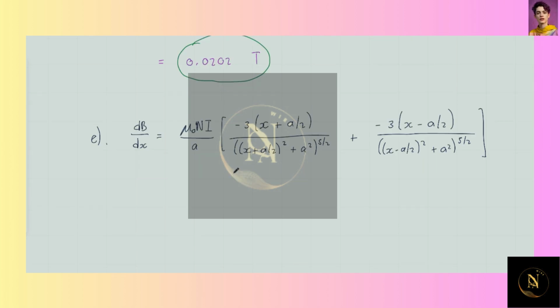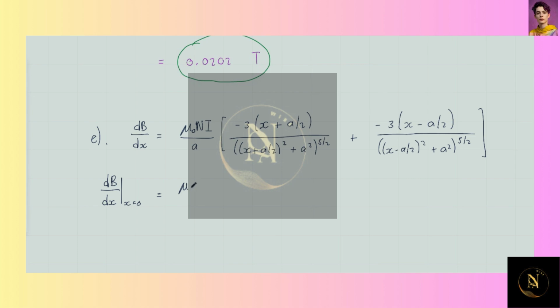But now at point P, remember x is equal to 0. So we need to evaluate this at x equal to 0. So dB/dx at x equals 0. If we substitute x equal to 0 at this point, we get the following.